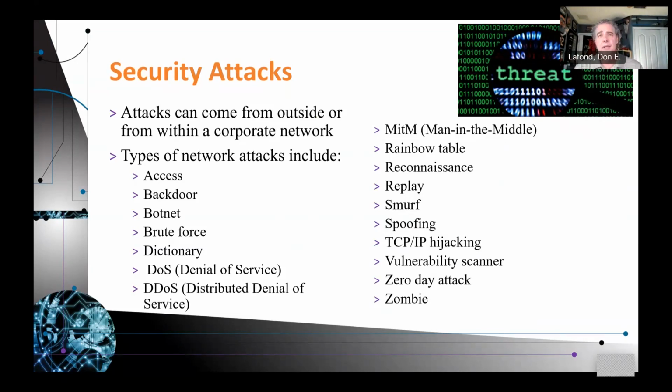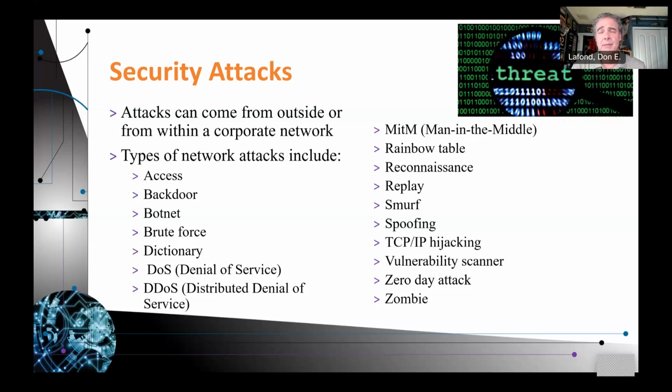A rainbow table is when a software program tries to actually hack the hash. Now, we're not getting into hashes in this presentation, or in this class, or in the A+ certification. But a hash is an encrypted table of 512, 1024, or 2048 characters that represents the actual information.